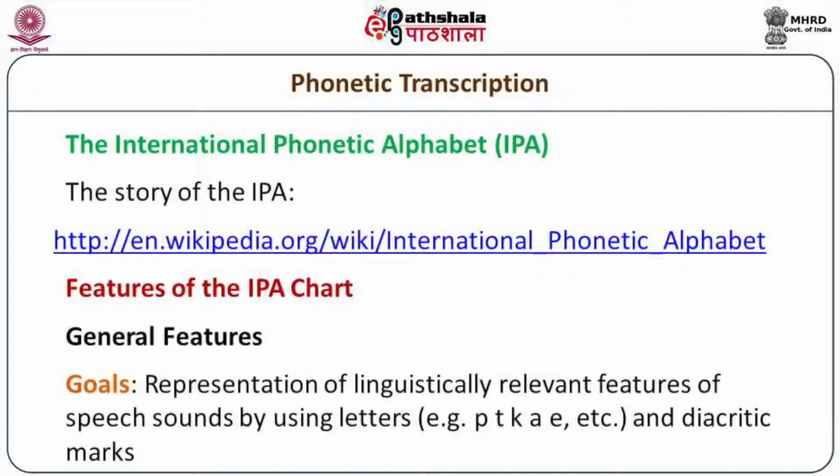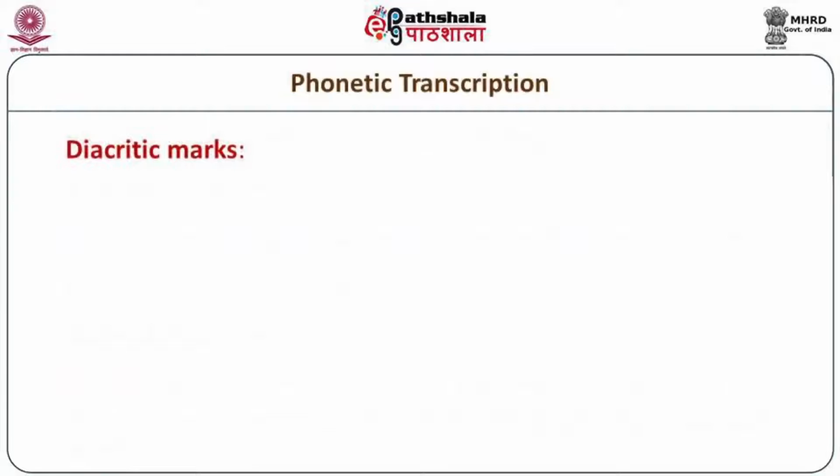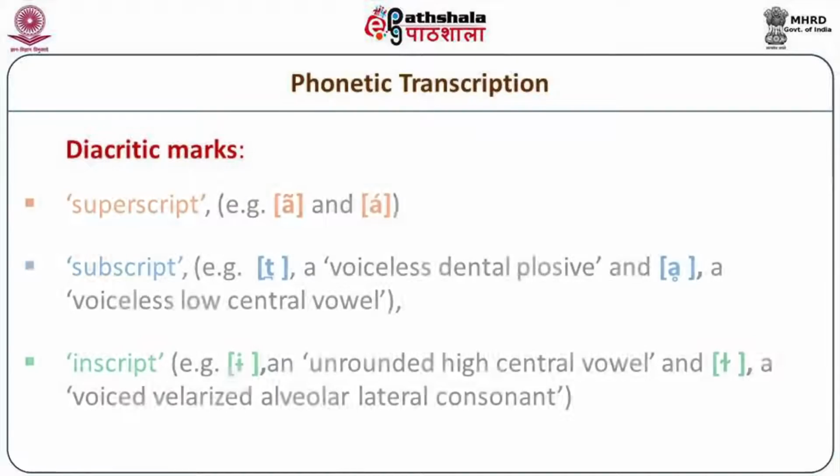The diacritic features or marks are of three types. Those which are placed above a letter, those which are placed below a letter, and those which are placed within a letter or in the middle of a letter.